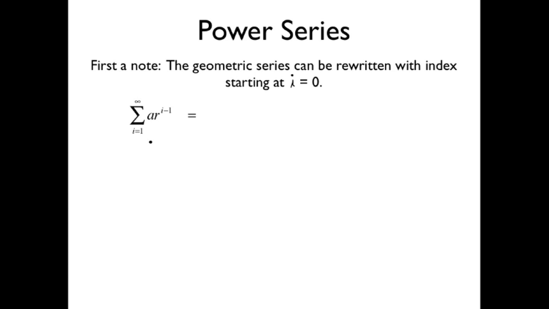And with the sequence, it was very convenient and made sense to call the first term number 1, and the second term number 2, and the third term number 3, right? So that just made it very comfortable and easy. And so that's why we started off. Most of the series we've looked at so far have started at i equals 1. But you can start at anything you want, right? And so what you'll see is lots of series starting at i equals 0. So we've got to start getting used to that.